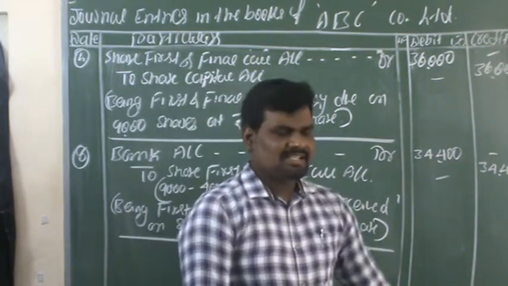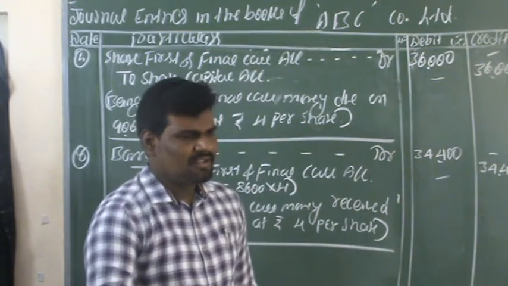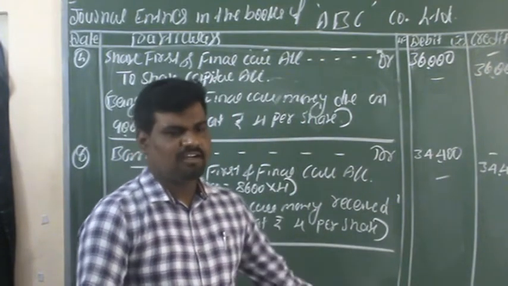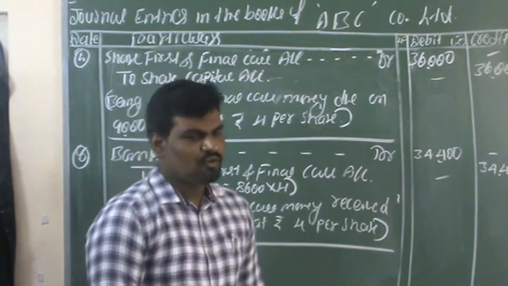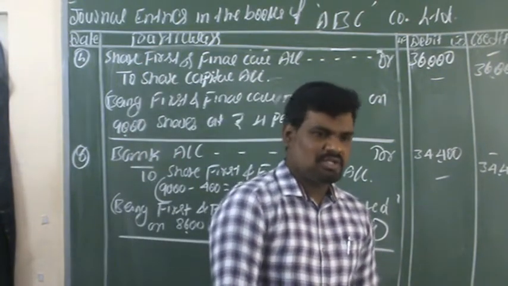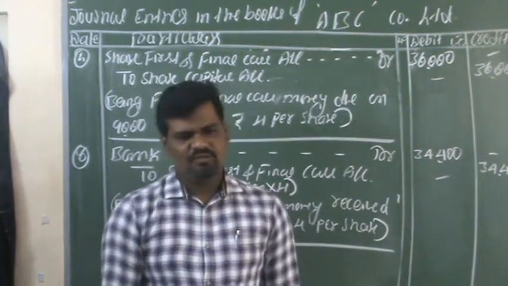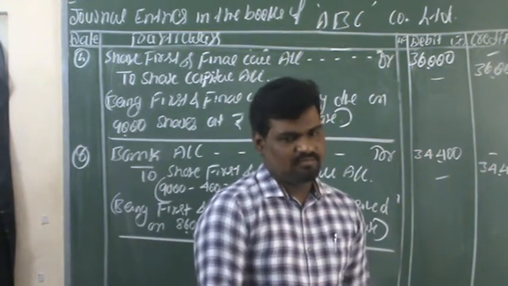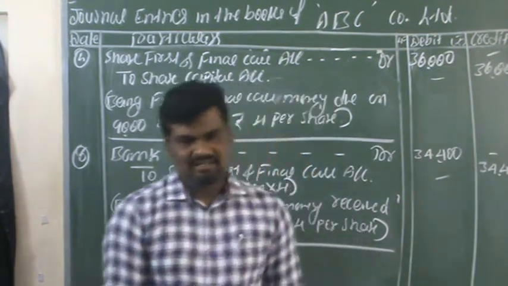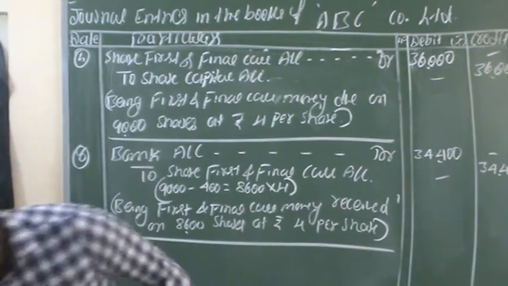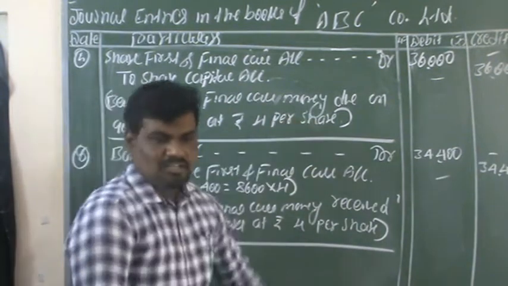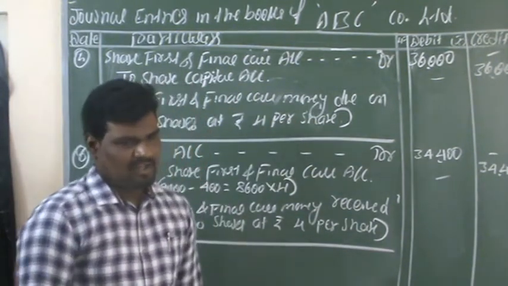The next stage is related to the fact that in this company 400 shares were forfeited, right? So out of these 400 shares, now we need to give some more necessary journal entries. For that, shares were forfeited. As of now, these were the last 2 entries for the first and final call process.